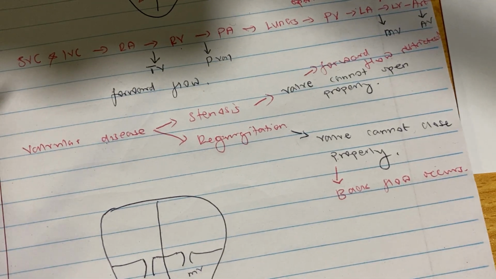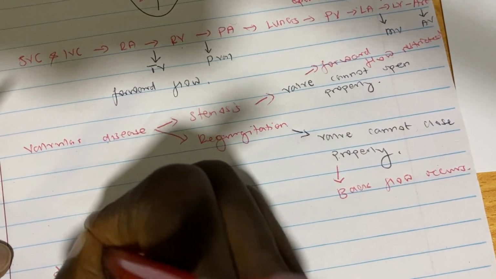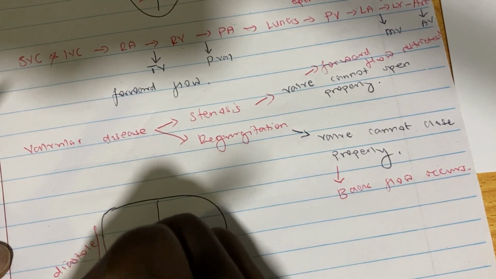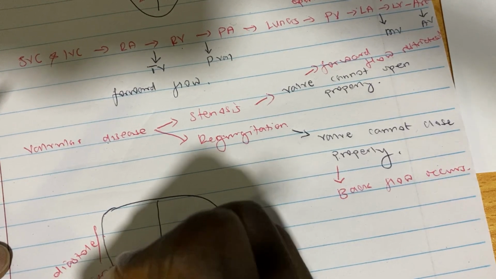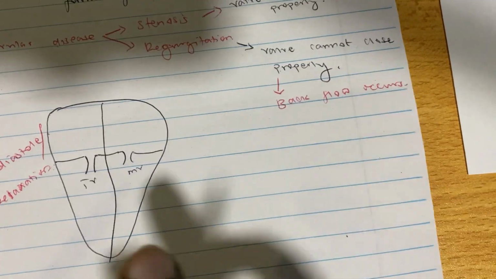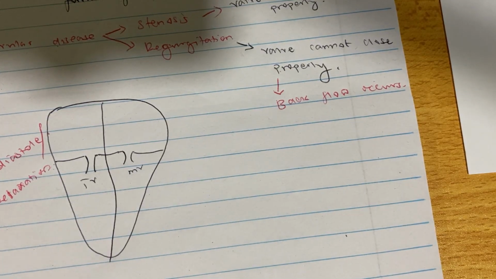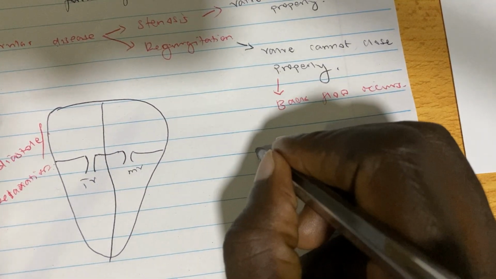So this is diastole, or relaxation. This thing happens in relaxation, so valves are open. Remember the cardiac cycle. If you didn't watch that lecture on cardiac cycle, you have to go back, but here I'm just going through very fast. Relaxation, valves open.